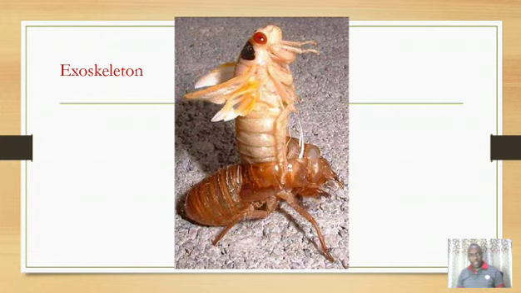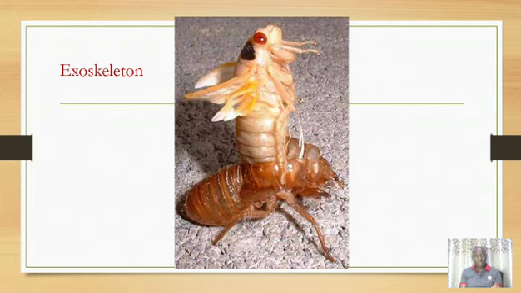Now in our visual there, we can see an insect that has shed off the exoskeleton. The lower part of the image, which appears darker brown, is the exoskeleton, and this other organism was covered by it.